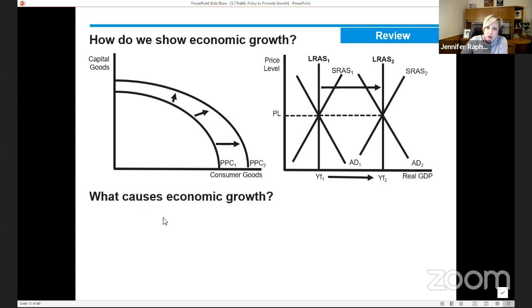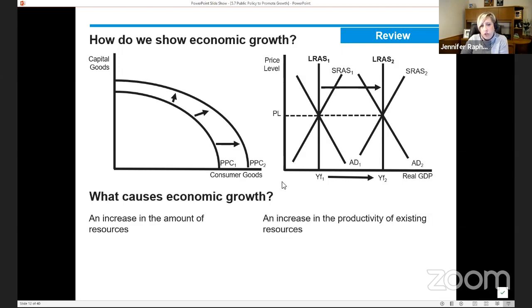So way back in Unit 1, you learned what the causes of economic growth were when you learned the factors that shifted a PPC. There are really only two things that can result in economic growth. The first thing is if an economy acquires more resources. If we have an increase in the amount of resources, we can produce more of both goods, both capital goods and consumer goods.